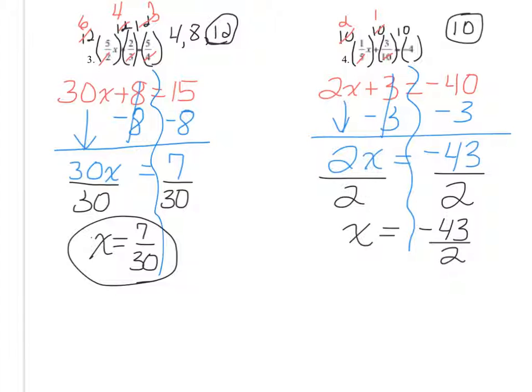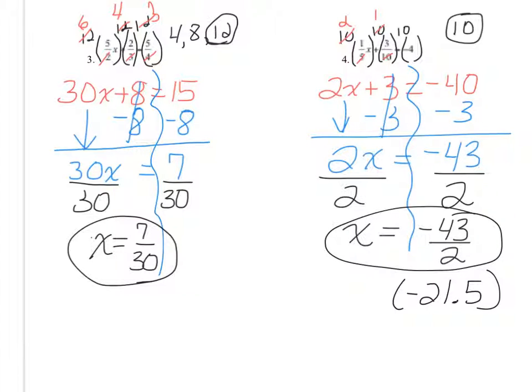In this case, 43 divided by 2 is technically -21.5. If you write that decimal, it's not a big deal, but you can leave it as -43/2 as well. Okay, you can always leave it as your improper fraction.